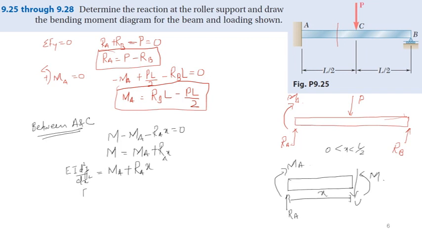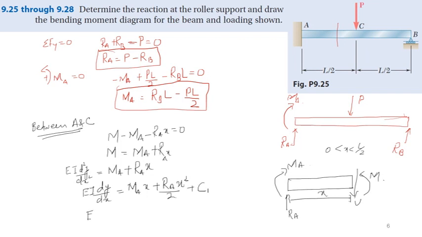If I integrate it, EI dy by dx is equal to MAX plus RAX squared by 2 plus C1.